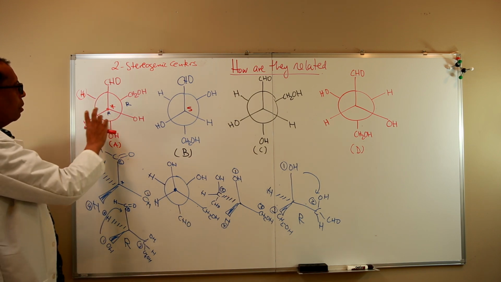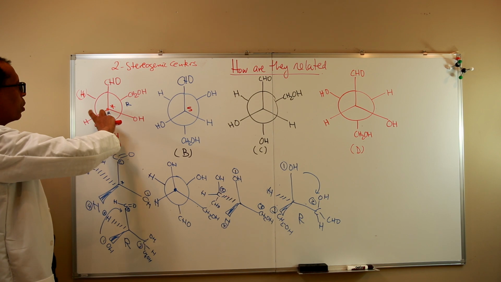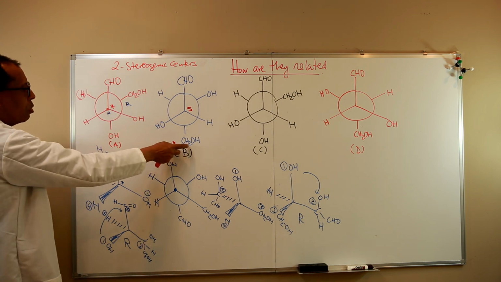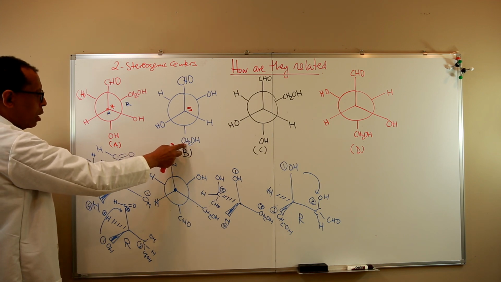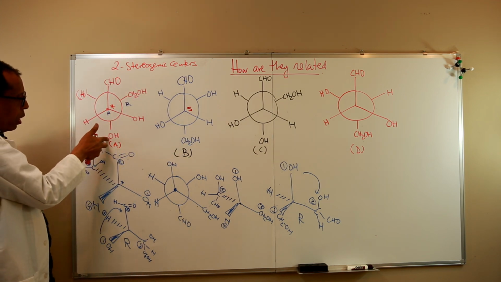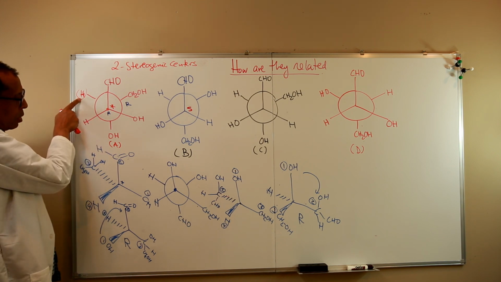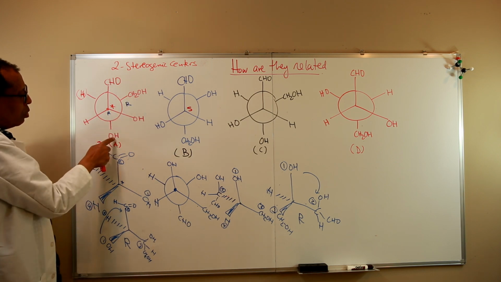Let's just rotate the back only here. So when you rotate the back to make it to this orientation, to match CH2OH, if you just rotate CH2OH, OH would come here, H would be here, CH2OH would be here.